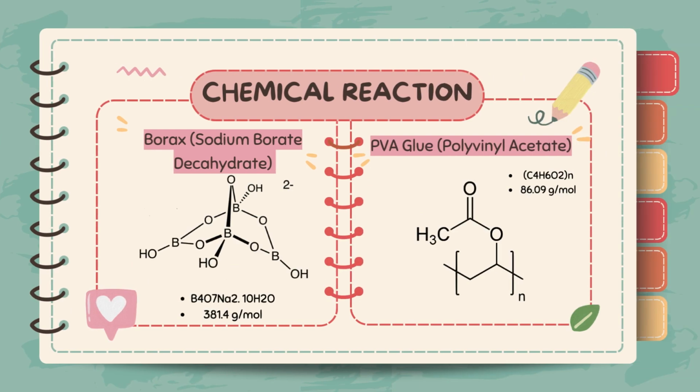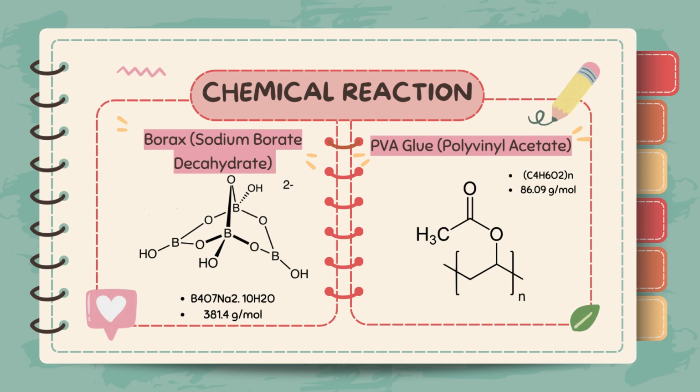Next slide is the chemical reaction for the materials that I use to make slime. First is the chemical reaction for borax, sodium borate decahydrate, which the formula is B4O7Na2·10H2O with molar mass 381.4 grams per mole. Second is the chemical reaction for PVA glue or polyvinyl acetate.